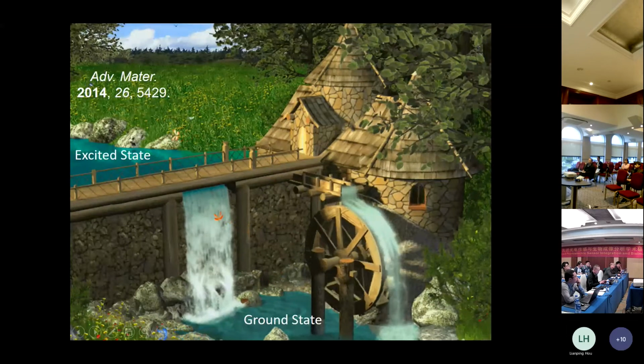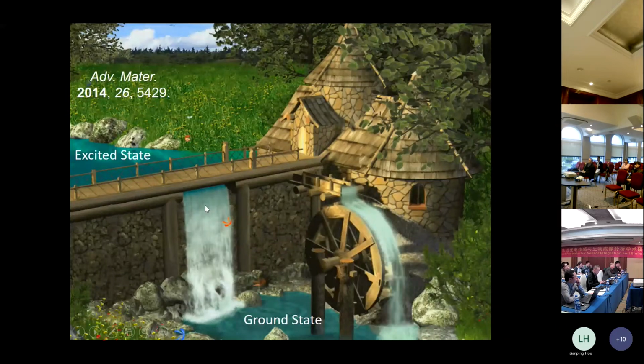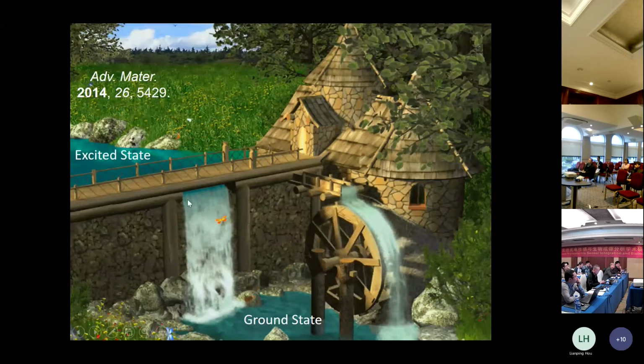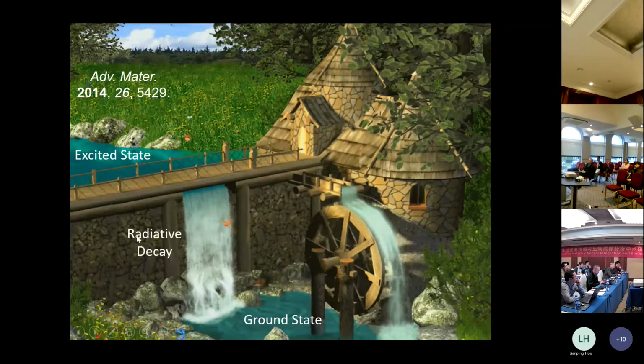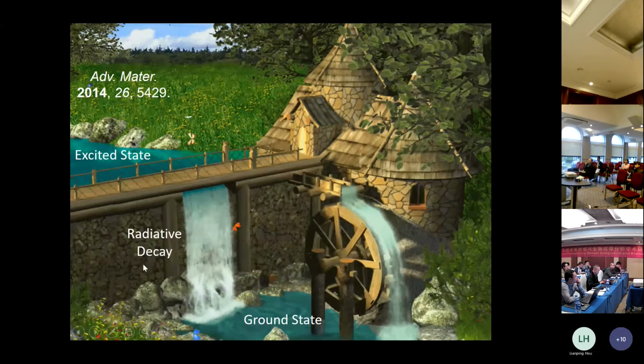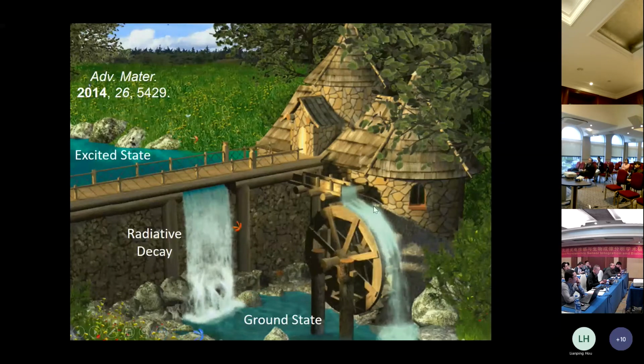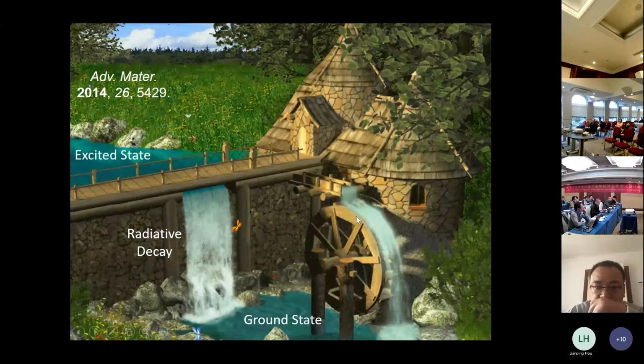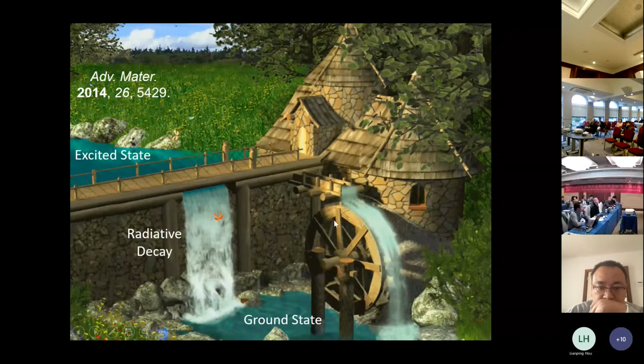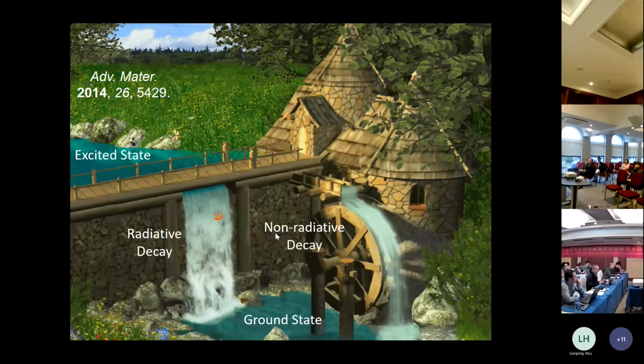It must come back to the stable ground state, and when it comes back, it will go through this channel. If we assume this water flow is a light beam, that means this is a radiative decay, and you will see very strong light emission. However, there's another pathway here. The energy of the water flow is converted to mechanical energy by the moving of this wheel. So the mechanical energy is the non-radiative decay.